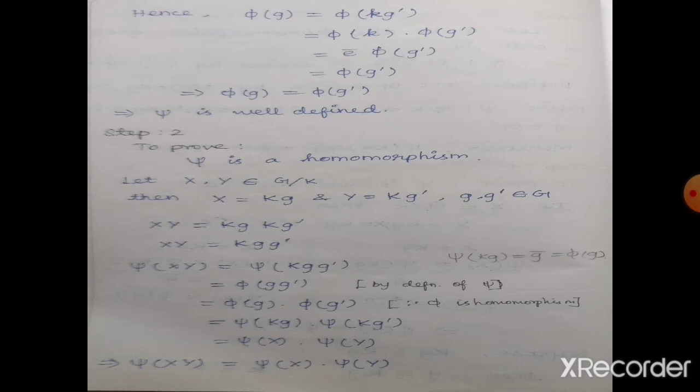This is because the product of two right cosets is again a right coset of the normal subgroup in G. Here K is the kernel, so we have K into gg dash.